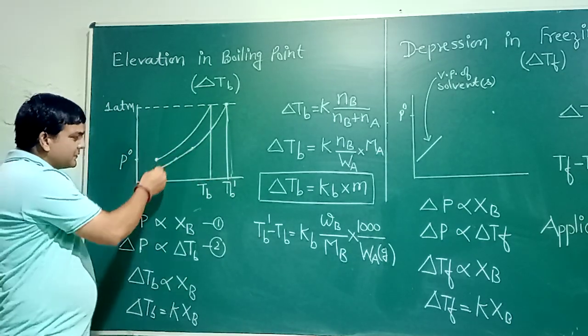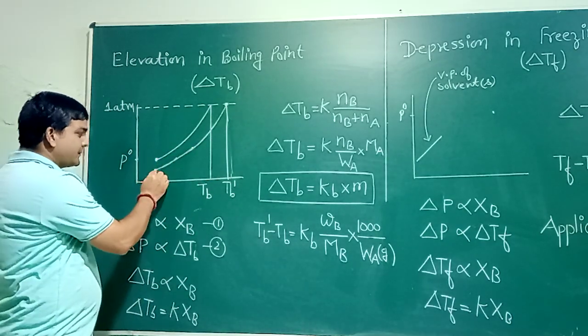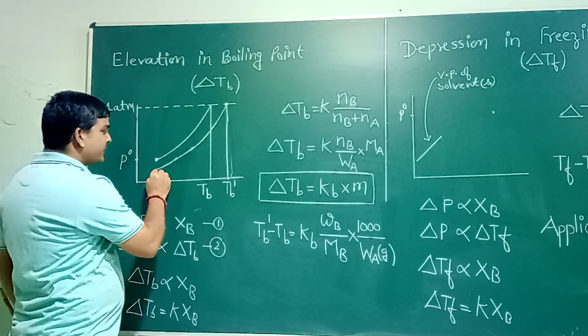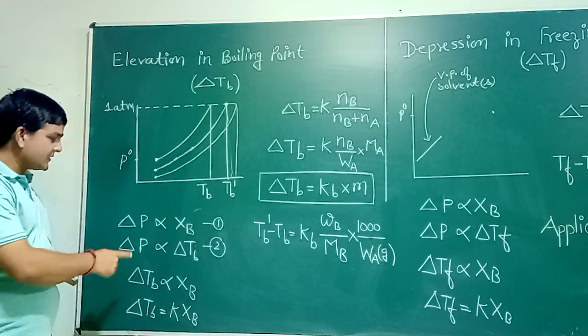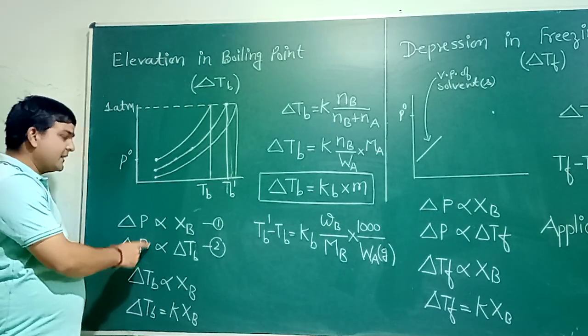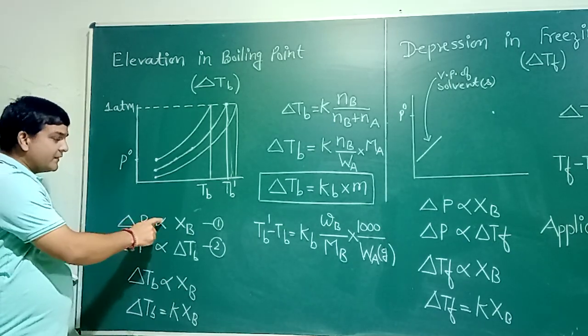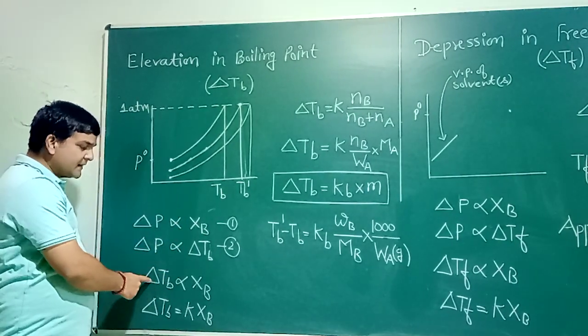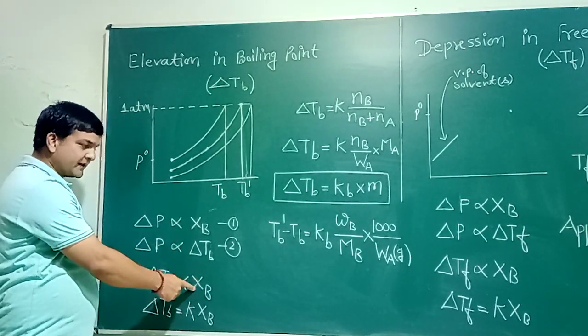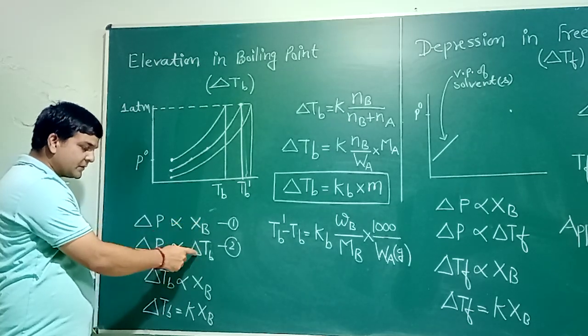If you add more solute, vapor pressure further decreases, and the boiling point will further increase. When you use these two relations together, you get delta TB directly proportional to XB.